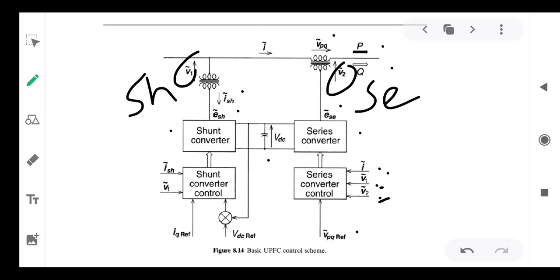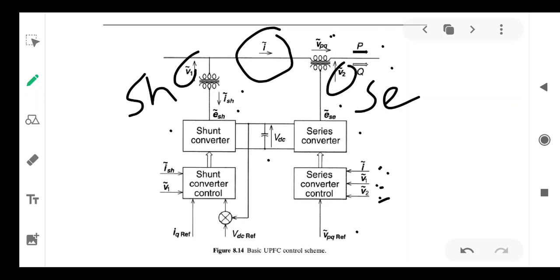Current I is the line current through the transmission line. These three are the actual signals of the series converter control. VPQ reference is the required reference voltage to provide the control signals. The error signal compares VPQ with the reference voltage, and the series converter will have some control so that VPQ can be controlled to a required value.